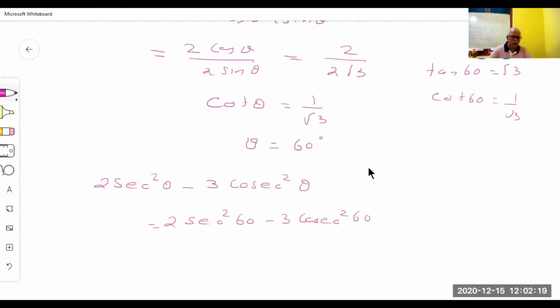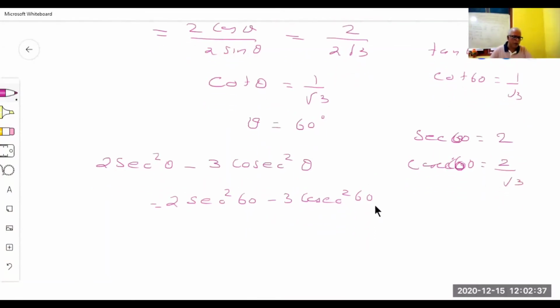Now what is cosec 60? Cosec 60 is equal to 1 by sin 60, which is 2 by root 3. Okay, plug in those values then.